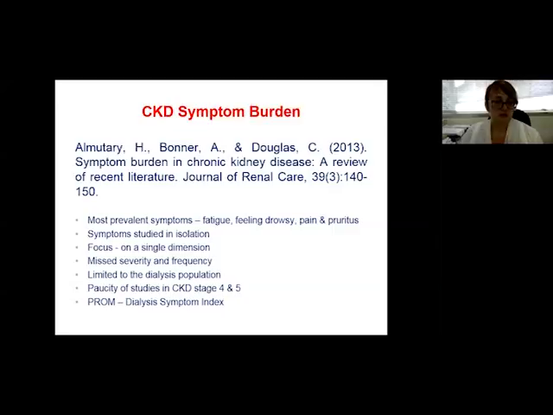Generally, it missed the severity and frequency. Often the research had only been done in the dialysis population. Very little was done in other stages. And that a patient-reported outcome measure that was often used to measure these symptoms was called the dialysis symptom index.